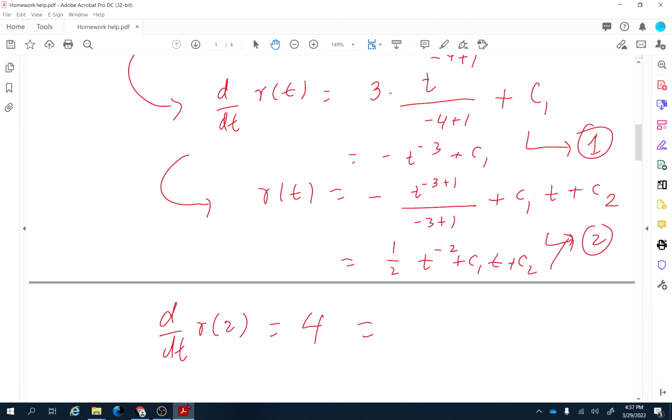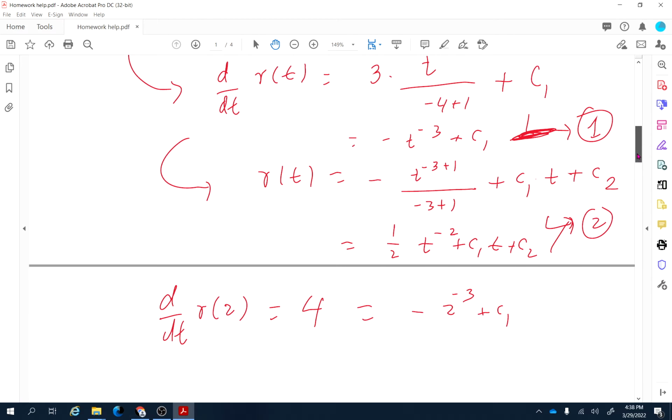Meaning, if you go back to equation 1, the simplified form, and put t equal 2 here, that should be equal to 4. So that means it's negative 2 to the power negative 3 plus c1.